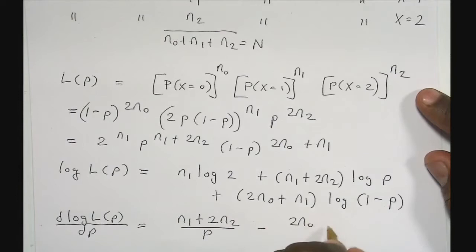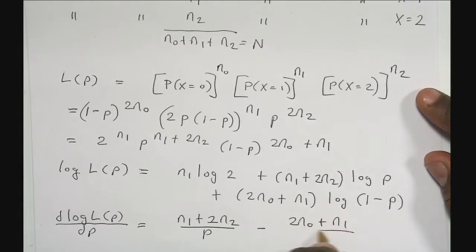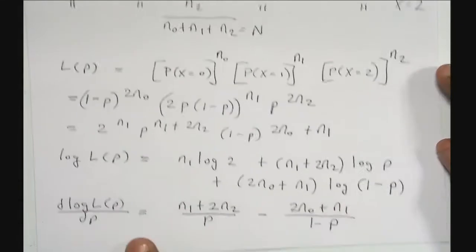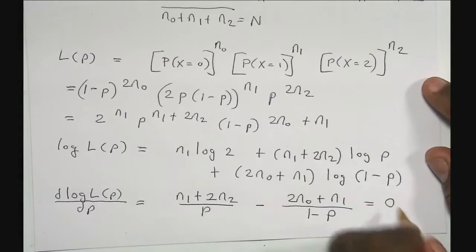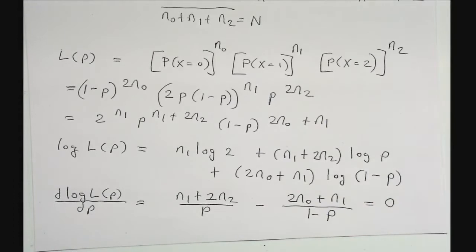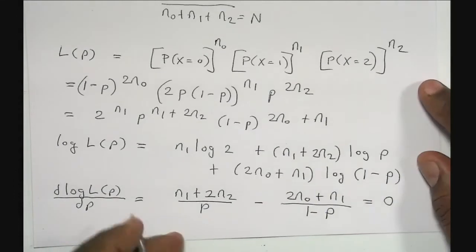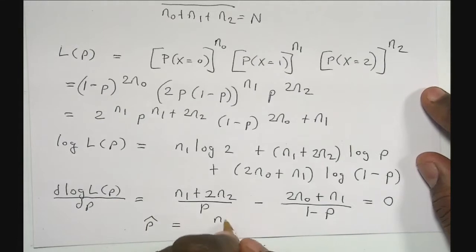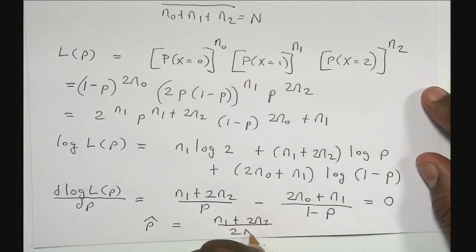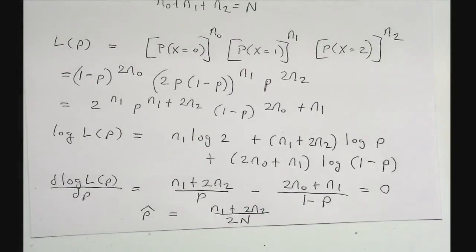You get this, and then you set this to 0 and solve this equation for p. You will get p hat equal to n1 plus 2n2 divided by 2 capital N. I think this is what you will get.